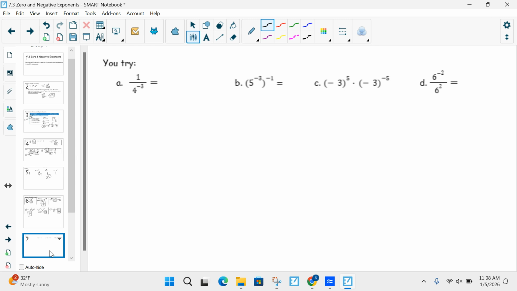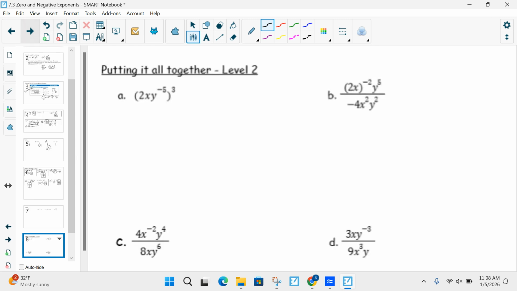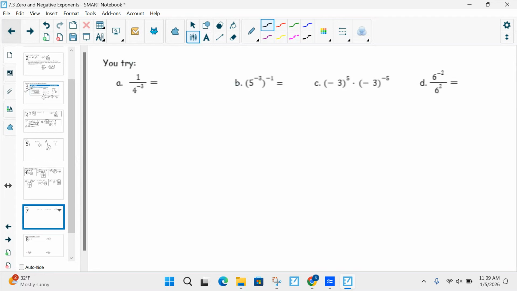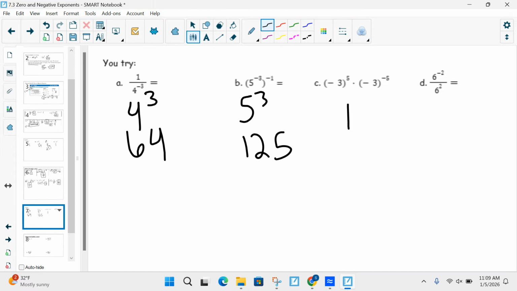Wait, A wouldn't be a fraction, it'd just be 4 over 3. What? 4 to the power of 3? Are those right? Yes, those are all right. Those are all correct. Actually, let me write the answers here. 4 to the third, which is also 64. And then 5 to the third power, which is 125. 1 over 6 to the fourth.